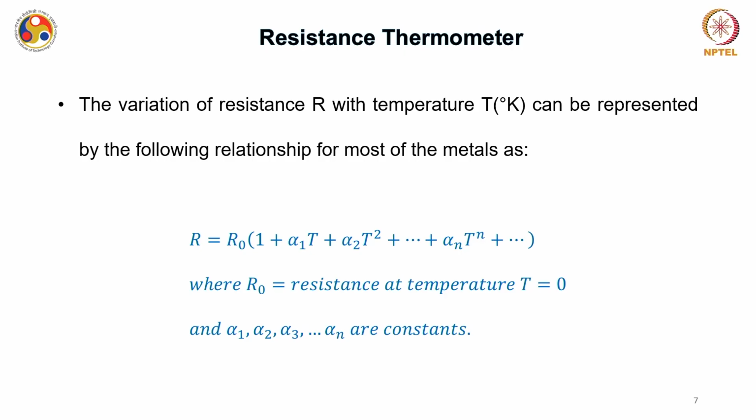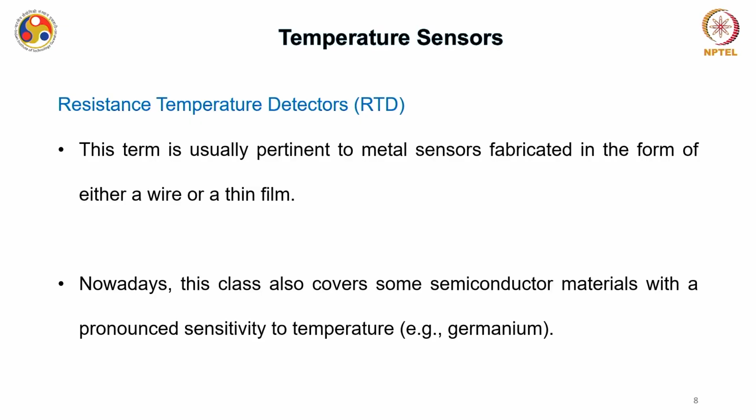The resistance variation can be written as R is equal to R naught, where R naught is the resistance at temperature 0. So R is equal to R naught into (1 plus alpha 1 t plus alpha 2 t square and so on), depending on how many terms are dominating in this equation. Mostly higher orders are neglected, but this is the generic equation where alpha 1, alpha 2 till alpha n are all constants.